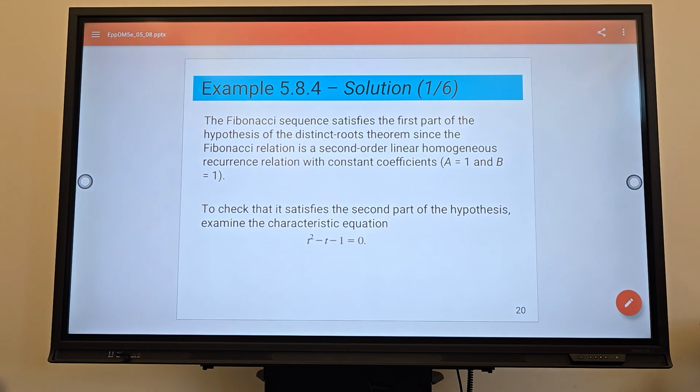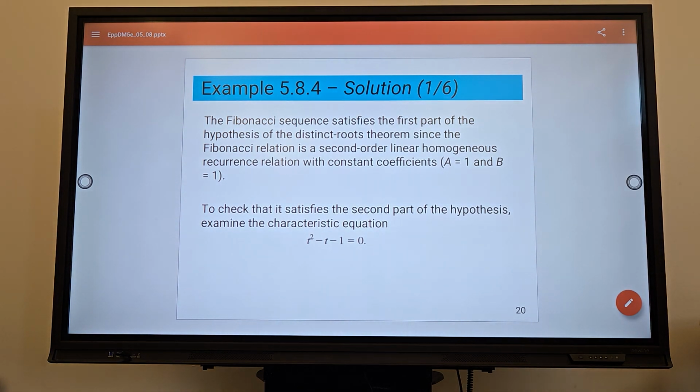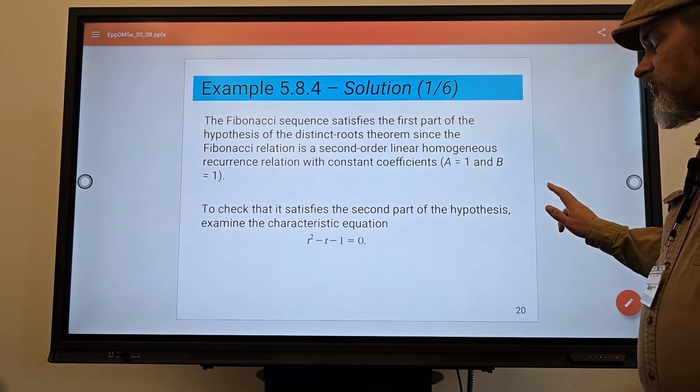The Fibonacci sequence satisfies the first part of the hypothesis of the distinct roots theorem, since the Fibonacci relation is a second-order linear homogeneous recurrence relation with constant coefficients. a equals 1 and b equals 1. To check that it satisfies the second part of the hypothesis, examine the characteristic equation t squared minus t minus 1 equals 0.